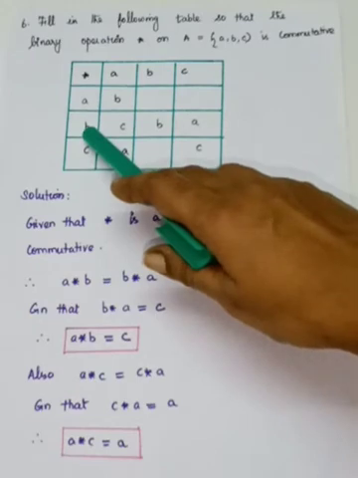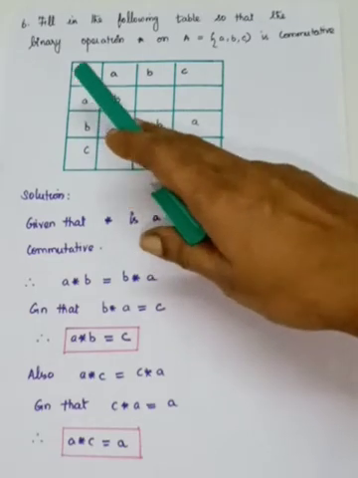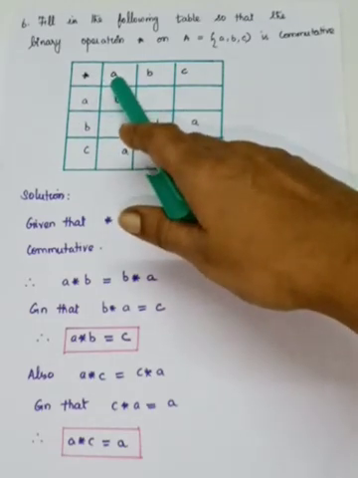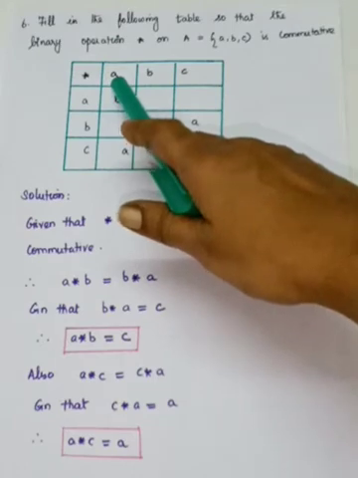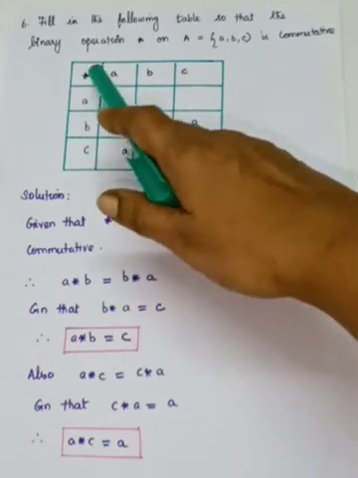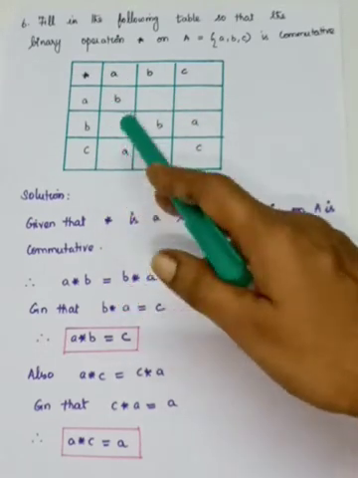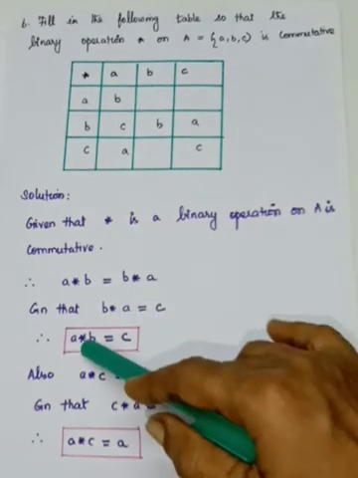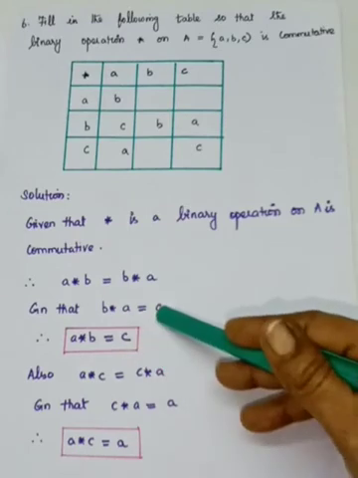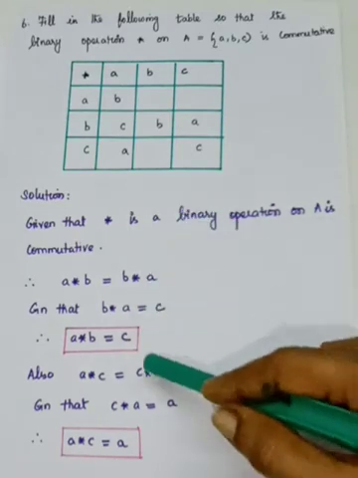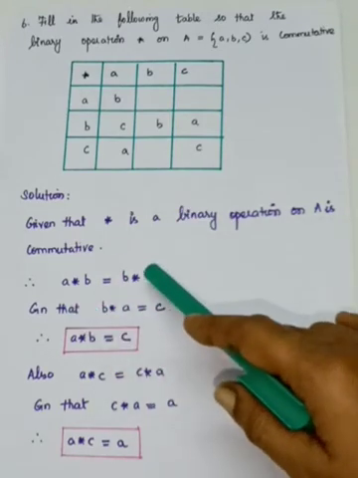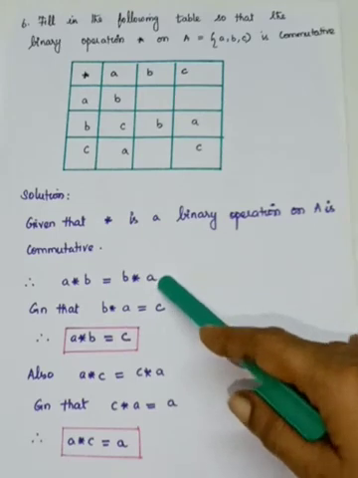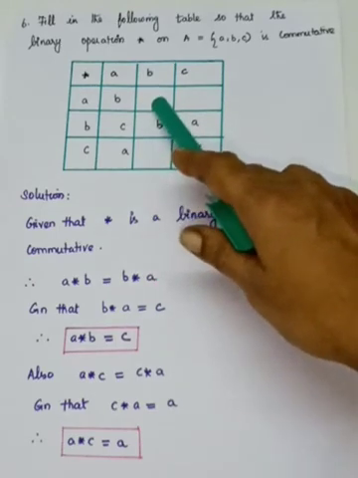You have to see in the column b, and in the row you have to take the second element a. So b asterisk a is equal to c. If b asterisk a is equal to c, then a asterisk b is equal to c. Why? Because the binary operation is commutative. So therefore here you have to write c.